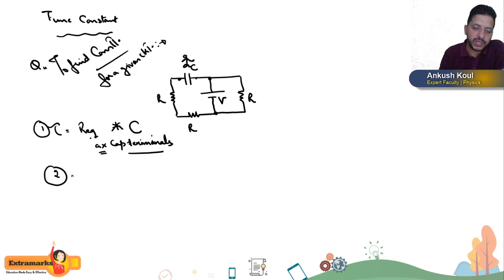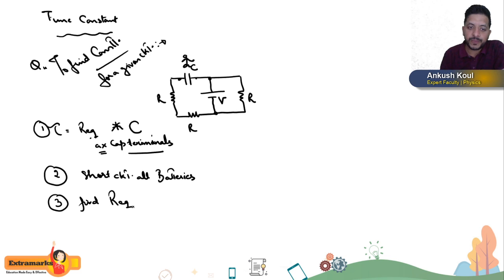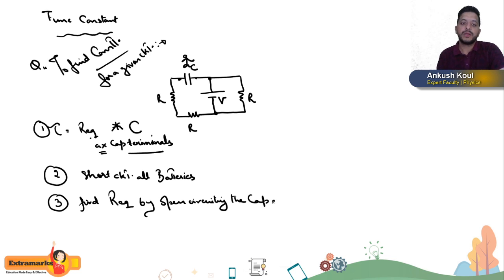Step number 2. Short circuit all batteries. Number 3. Find R equivalent by open circuiting the capacitor. So this 3-step process is what we have to follow.